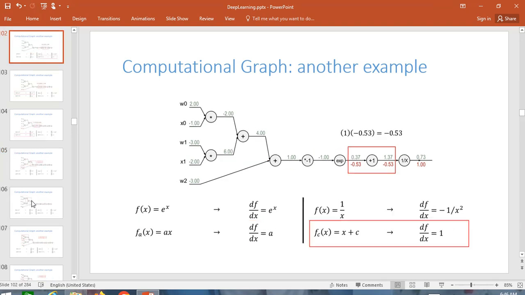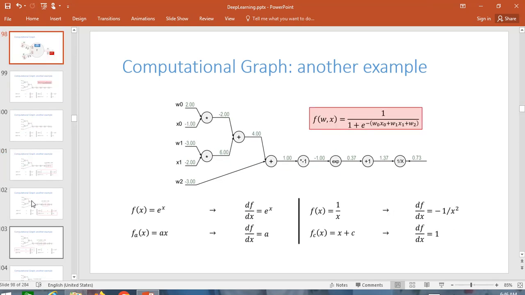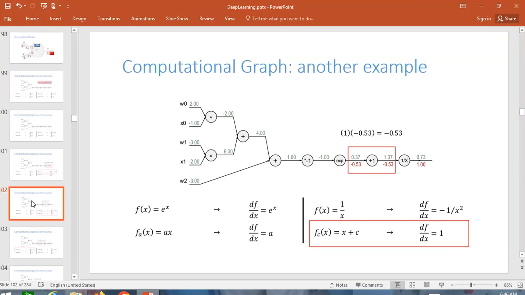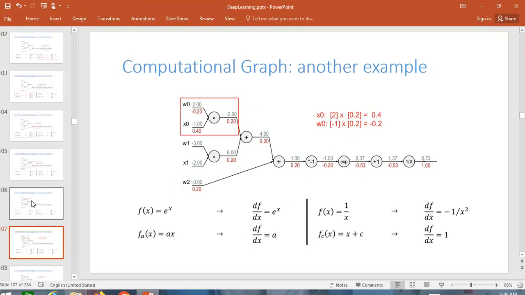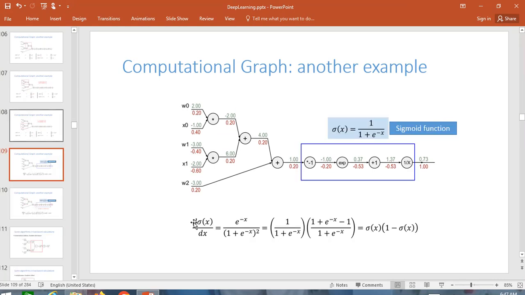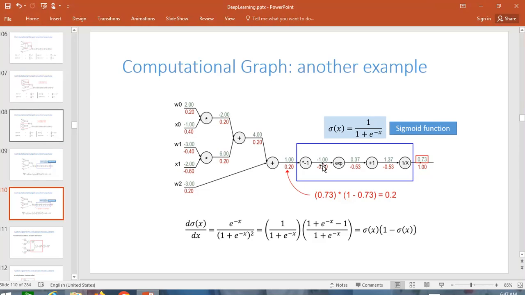Let me show you which one I mean as the hypernode, supernode. This is the sigmoid. And we can consider it as a hypernode. You can see the local gradient of this hypernode in the slide.